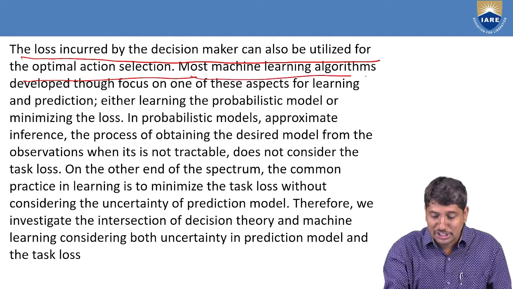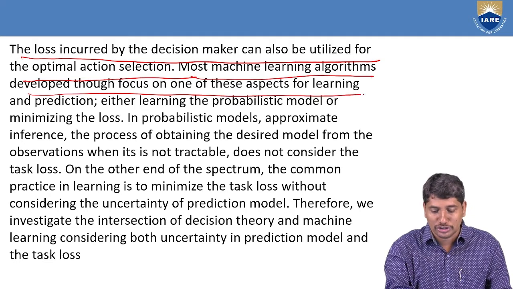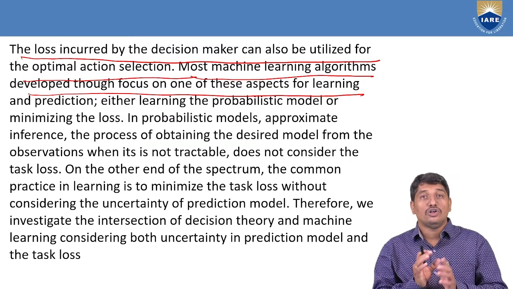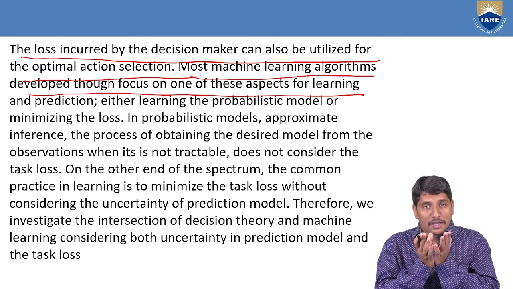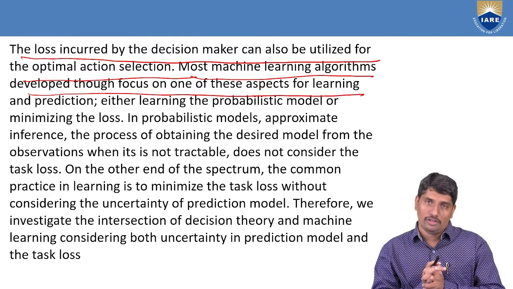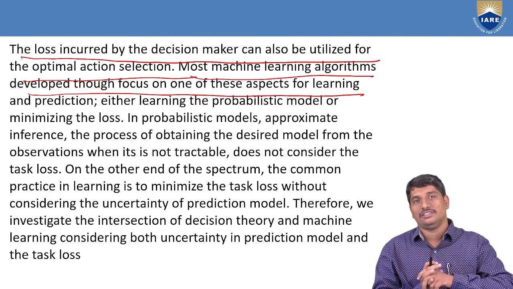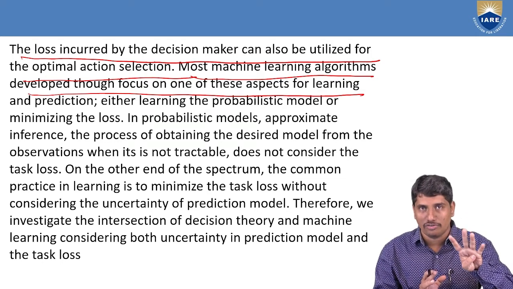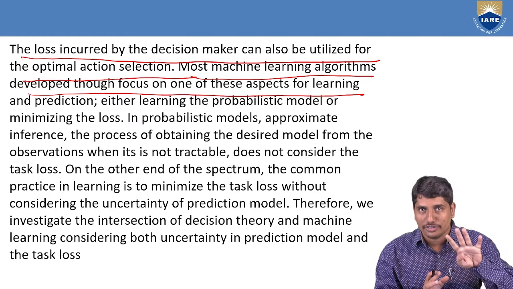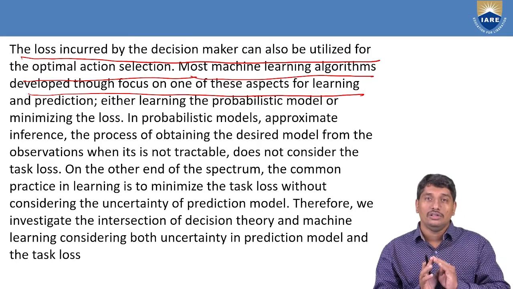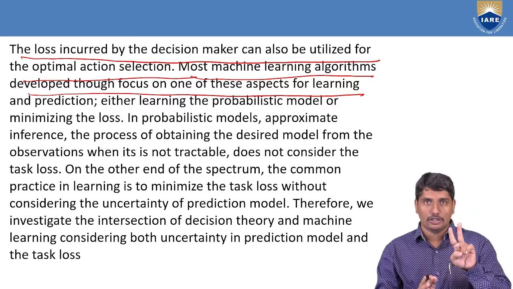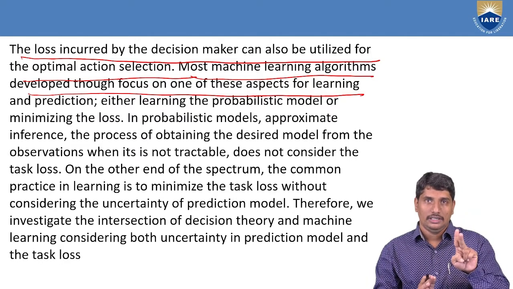Most of the machine learning algorithms developed focus on one of these aspects of learning and prediction. In developing machine learning algorithms, we consider either minimizing the loss of information, or fitting the uncertainty with a correct probabilistic model. There are two things, like the head and tail of a coin.